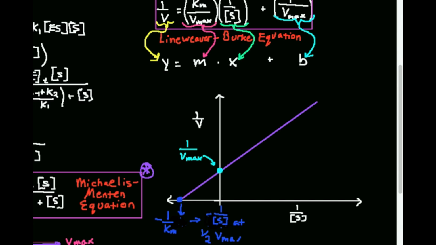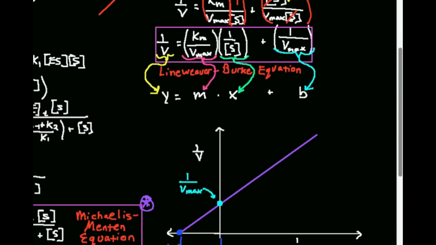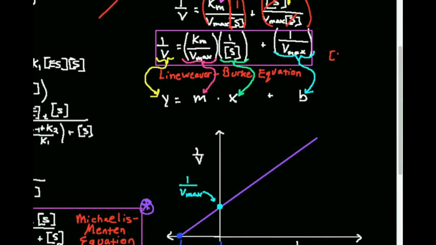Okay? So unlike a lot of other plots that you see in chemistry and physics, for this one, yes, you do have to use this quadrant over here, but you're actually going to have to go into the negative side a little bit also. And generally the way this type of plot works is you're given a substrate concentration and you're given a rate that goes with it, right?